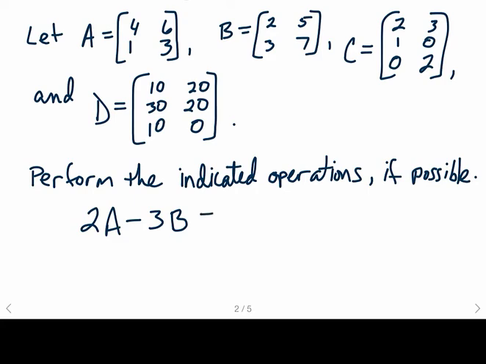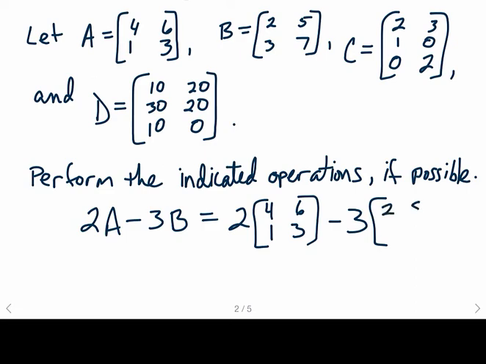Well, 2A minus 3B means to multiply 2 by the 2 by 2 matrix 4, 6, 1, 3. And then minus 3B means we're supposed to multiply B by 3 and then subtract. So 3 times 2, 5, 3, 7.